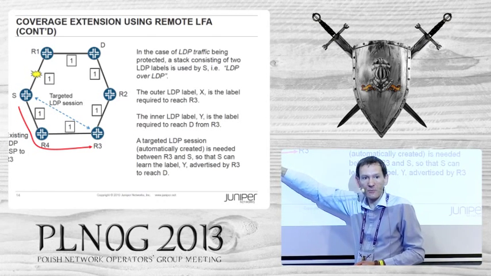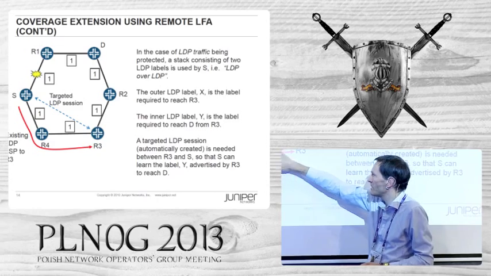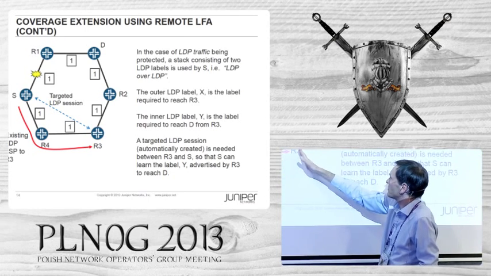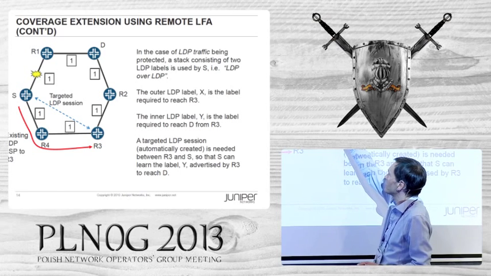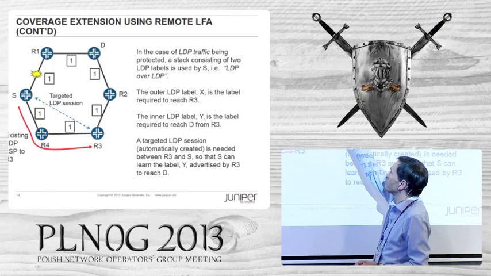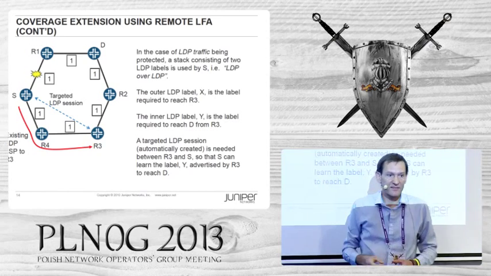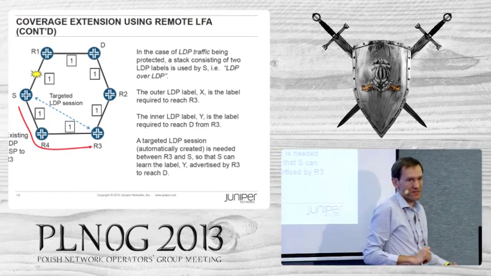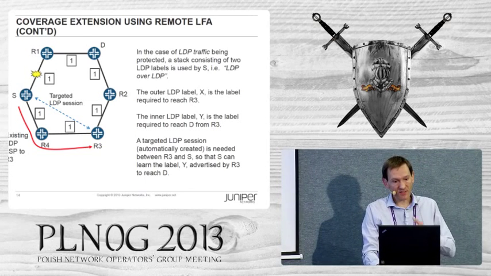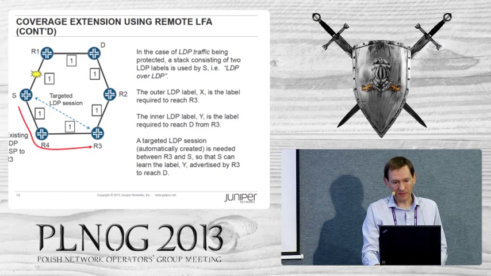Assuming we've got penultimate hop popping, R4 pops that label. Packet arrives at R3 with this inner label value of Y. That causes R3 to send it to R2. R2 probably pops the label, and it arrives at the destination D. And so, again, for the LDP case, we've succeeded in protecting the traffic. So that's the essence of the remote loop-free alternate behavior.